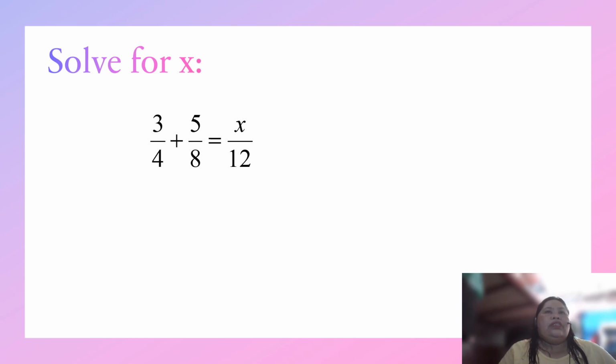Now here is an example. Let us solve for x. Let us find the LCD of 4, 8, and 12. Let's first find the factors of 4. 4 has 2 times 2. We need to use a dot or a cross to mean multiplication.